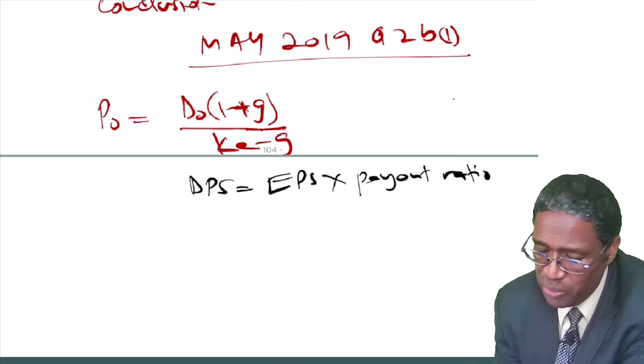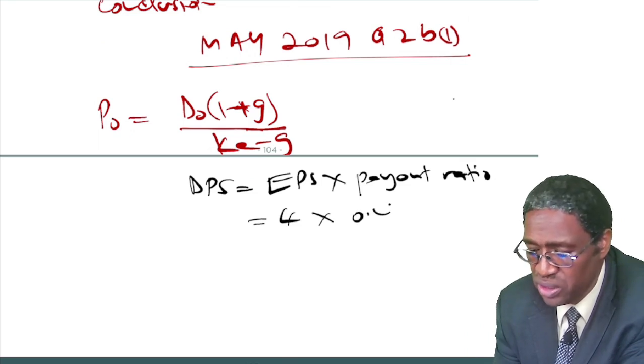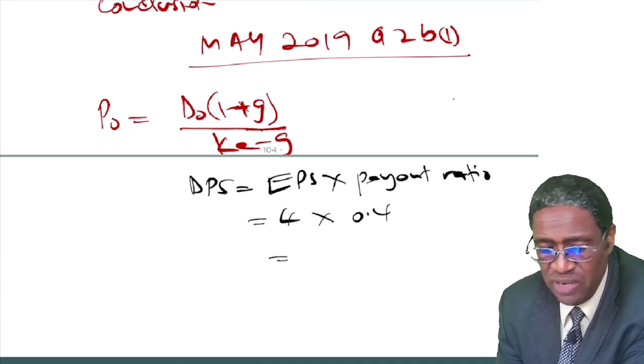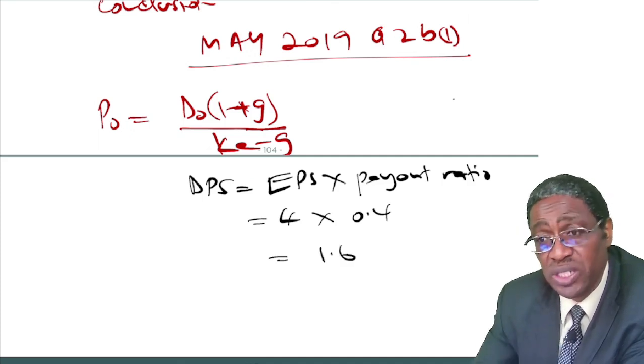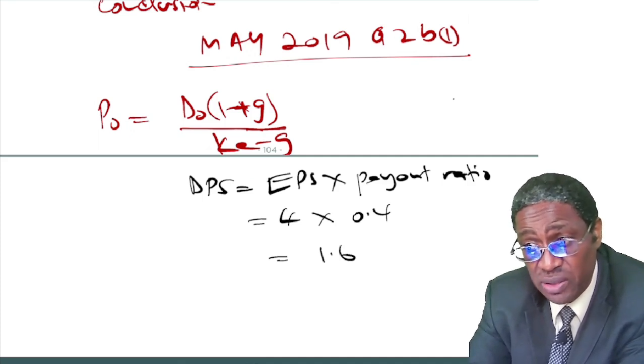So our earnings per share, we are told, is 4 times payout ratio of 40%, that is 0.4. Our dividend per share is 1.6. Are you there? That's the dividend per share.